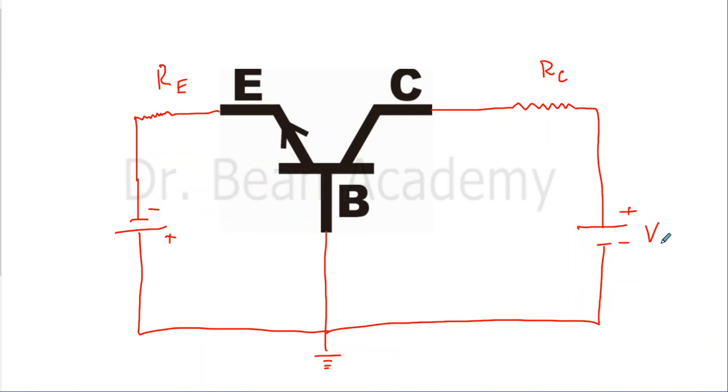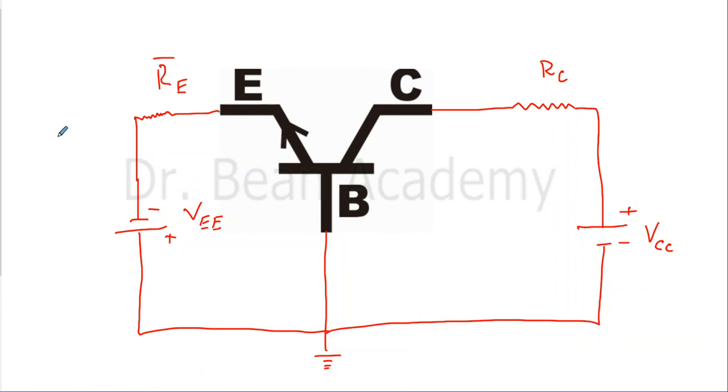We can call it VCC, and this is VEE, the power source connected to the emitter. So you should be able to understand the output characteristics of this configuration.